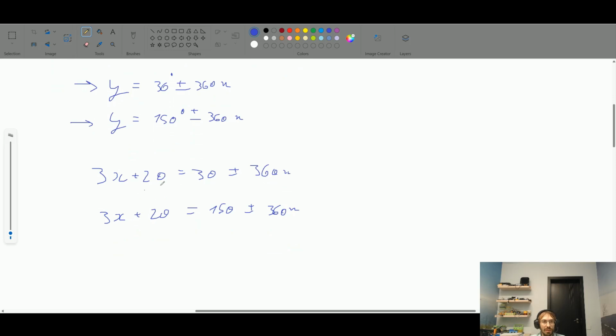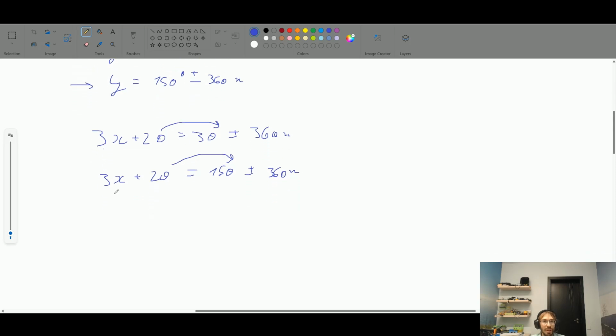And this is where students, after subtracting 20 from both sides, tend to divide everything by 3. However, they do not divide 360, which is wrong. Let's see how to write it correctly.